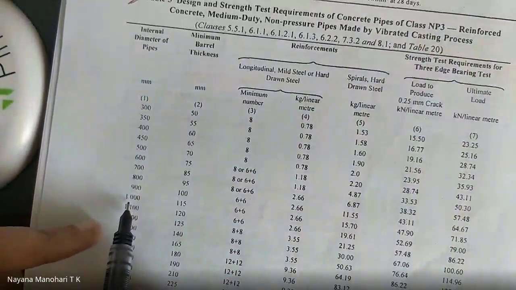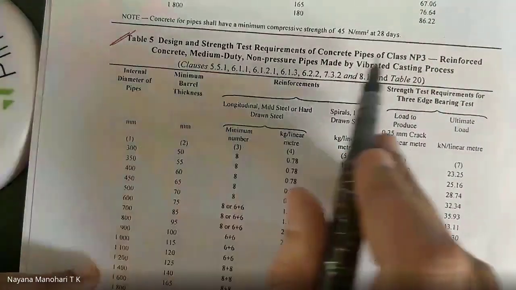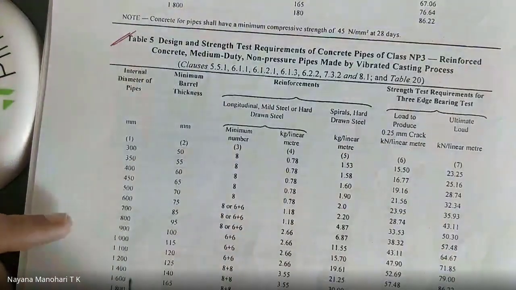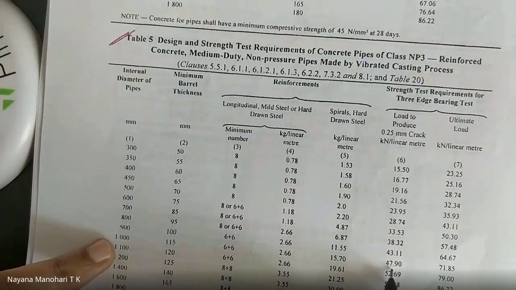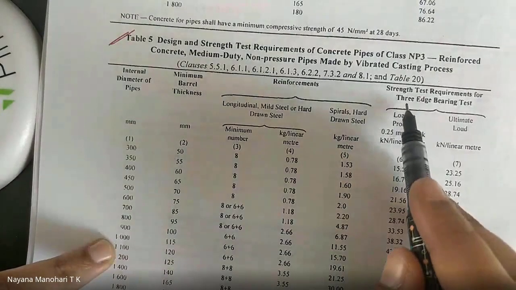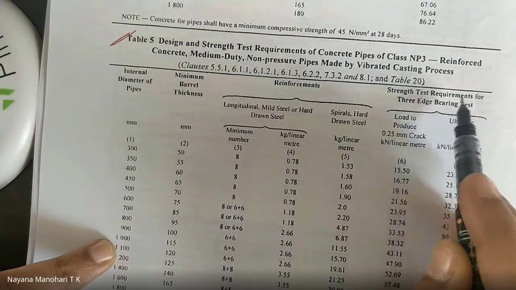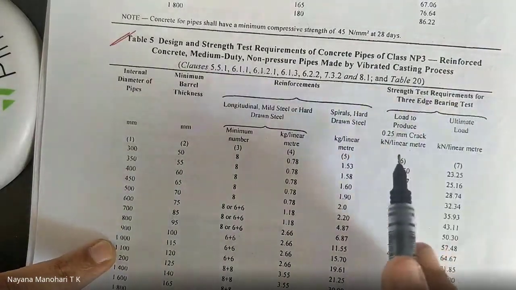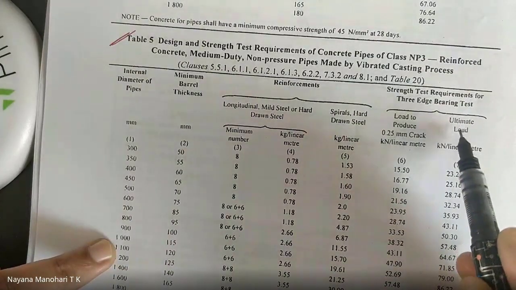Observe here, this is your 1000 mm, in table 5, for NP3 reinforced concrete pipe. For 1000, you need to observe the 3 edge bearing strength value. That is the ultimate load they have specified here. See here, the strength test requirements for 3 edge bearing strength. The second column you need to choose is the ultimate load.